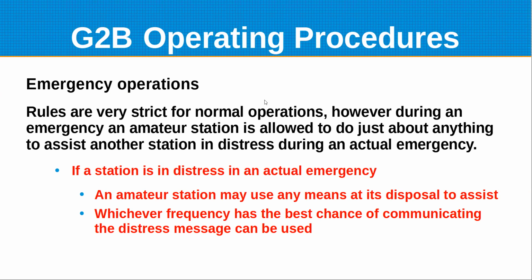If a station is in distress in an actual emergency, you can use any means at your disposal to assist, which means any frequency, any band, any mode. And whatever has the best chance of communicating the message or the information that you're trying to relay somewhere, whether it's placing a 911 call or who knows. Depends on the situation.